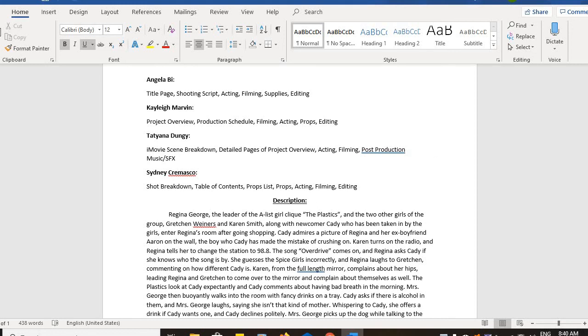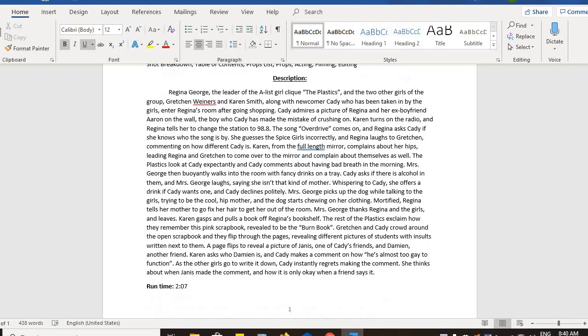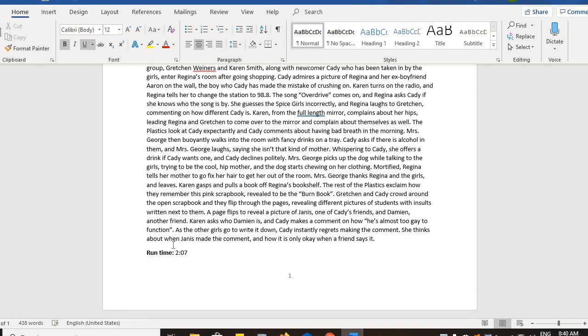Then, the overall description, and an estimated running time of how long you think your scene would last. And really, you're going to get that information by completing the script, then sitting down with the script, reading it over, and timing it. It's just pretty much that simple.